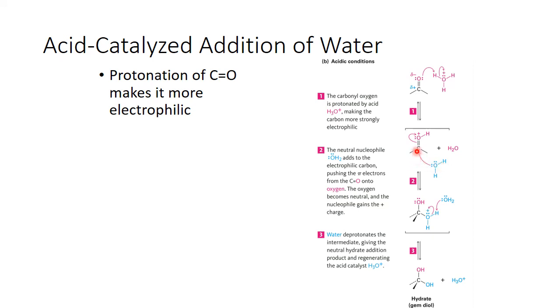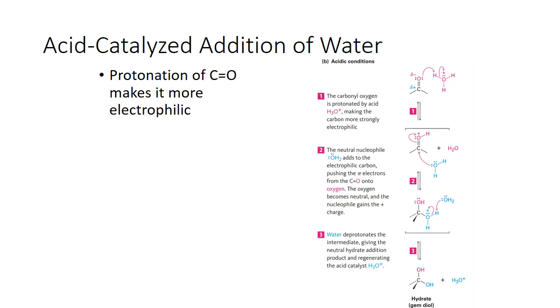Here it is diving into that carbon, and then the pi bond electrons jump onto the oxygen. Now we have two oxygens added. One of the alcohol groups is protonated, so water can act as a base and remove that proton, giving us the hydrate. Notice, the hydrate is the product of an equilibrium reaction, and so you have a very small quantity of this and a very large quantity of the carbonyl.